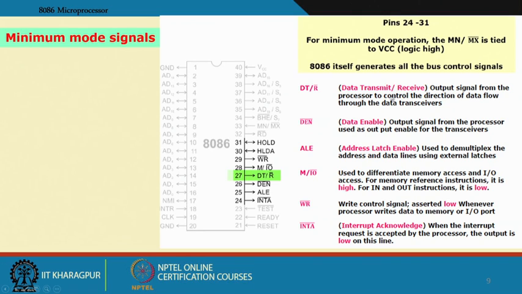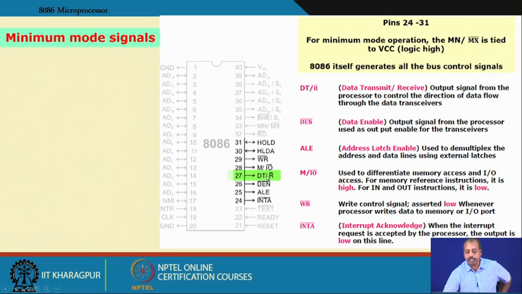This is the signal coming out of the processor to control the direction of data flow through the data transceiver. If you are transmitting the data, it is data transmit, and if you are receiving the data, it is receive. If this line is 0, it is DR bar, that is data receive, and if it is transmitting, then DT is high.